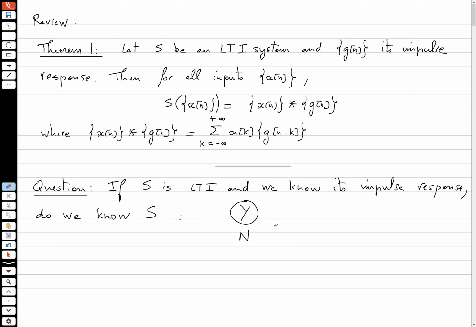The one who said no is because in the previous lecture, whoever said yes, I responded, are you silly? If S has no property, if you only know the impulse response, you know nothing about the system. But here, the system is LTI, and when the system is LTI and we know its impulse response, then we actually have the formula of the system. So we know the system.